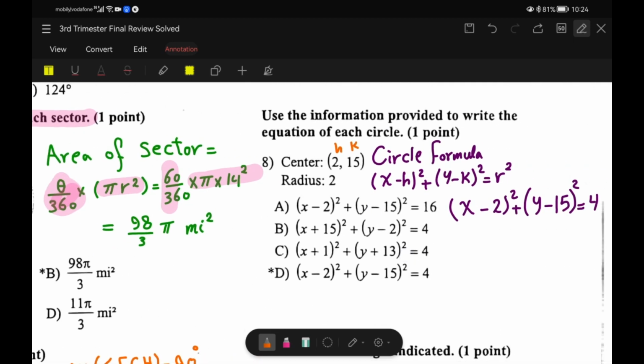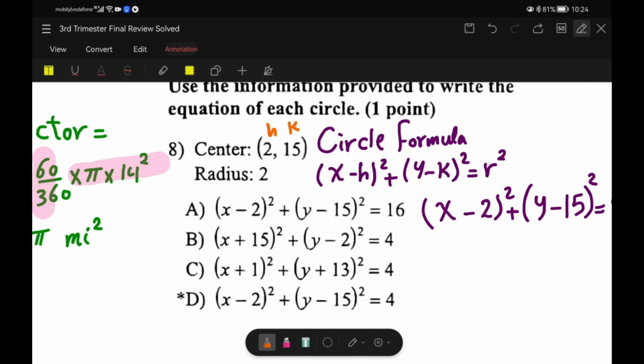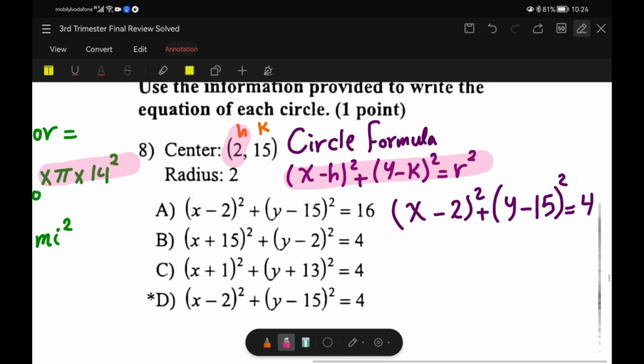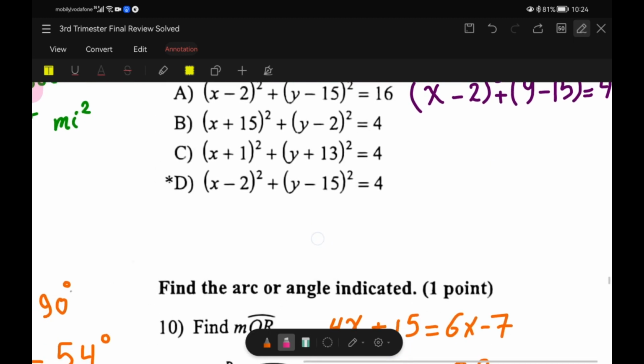Then we substitute in the circle formula: x minus h all squared plus y minus k all squared must equal the radius squared. Let's substitute. So x minus 2 all squared plus y minus 15 all squared equals the radius squared. So D is the right answer.